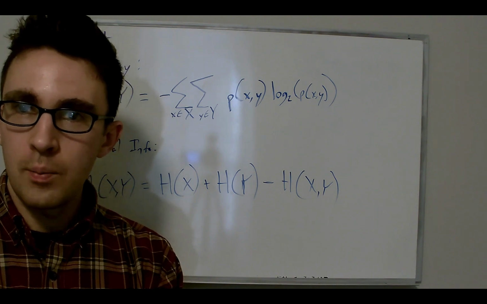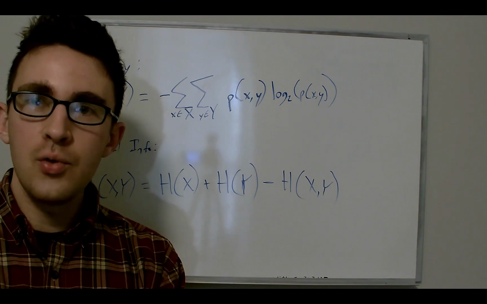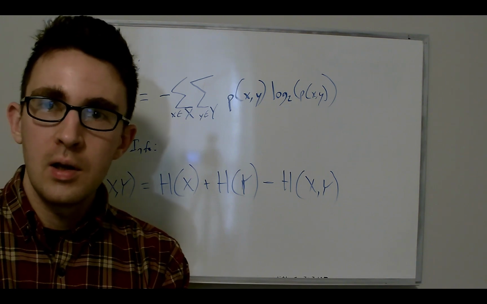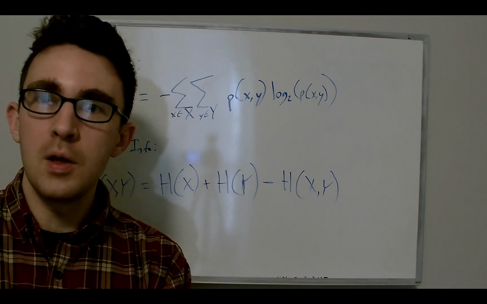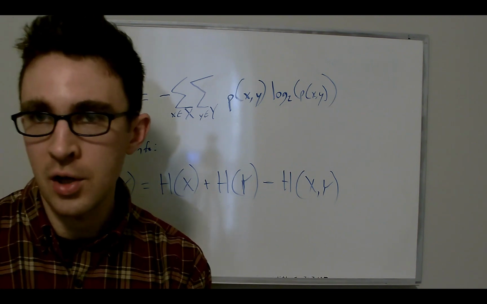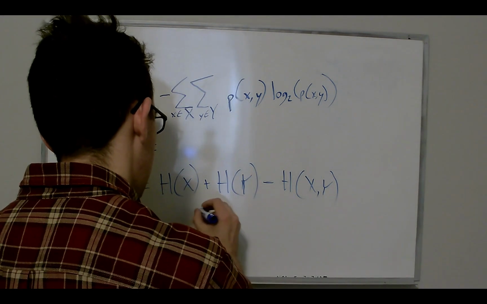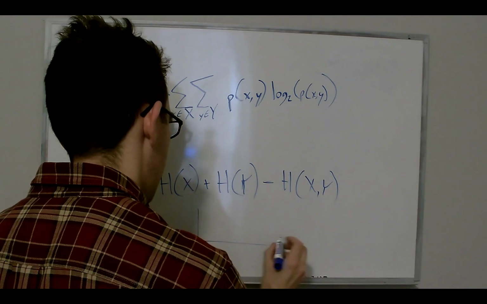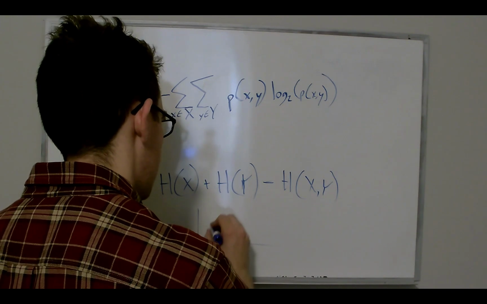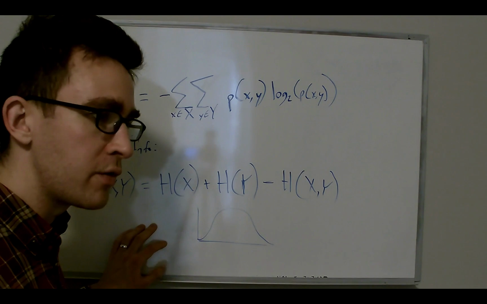So when you're trying to do this for actual data, you need to empirically estimate a distribution of it. The way we're going to do that in the code is, if you have some kind of distribution of data, say it looks like that, that's the underlying continuous distribution of the data.